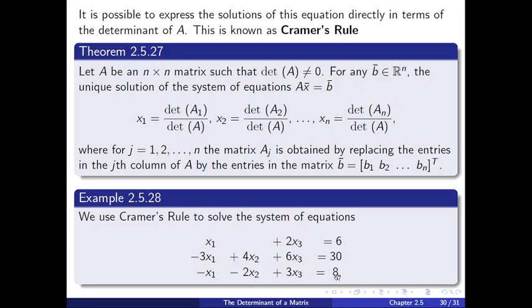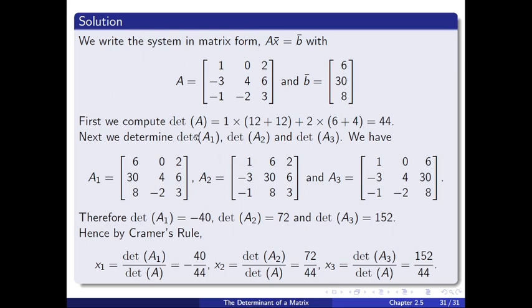So we can find the determinant of A, and we can expand using the first row because it has a 0 there, and we find out that the determinant is 44.